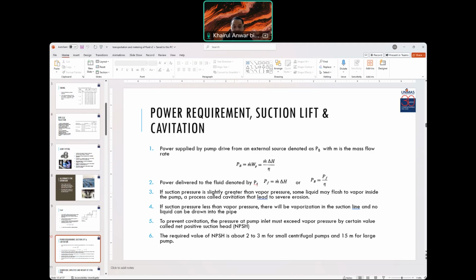So to prevent cavitation, the pressure at pump inlet must exceed vapor pressure by a certain value, called the net positive suction head, or NPSH. So the pressure cannot be less than the vapor pressure; it must exceed the vapor pressure by a certain value, which we call NPSH.